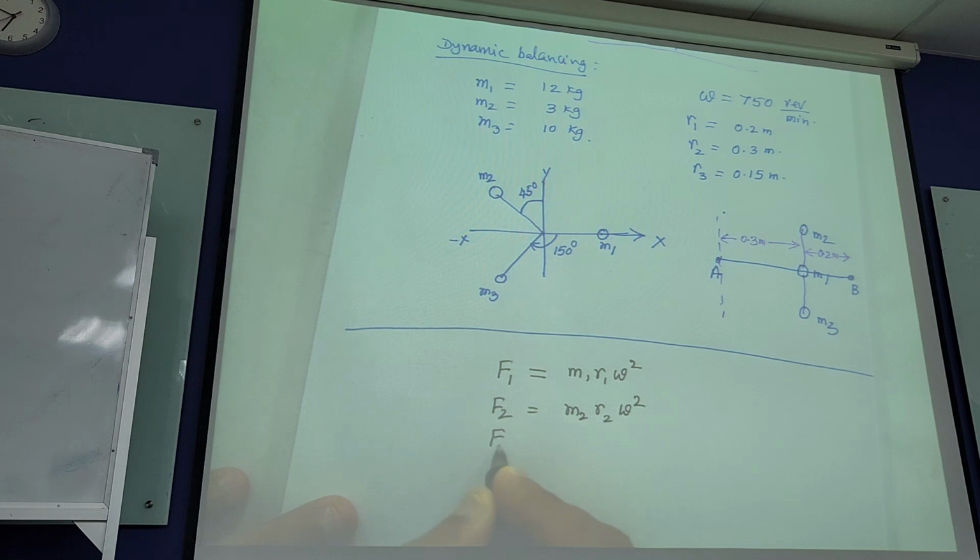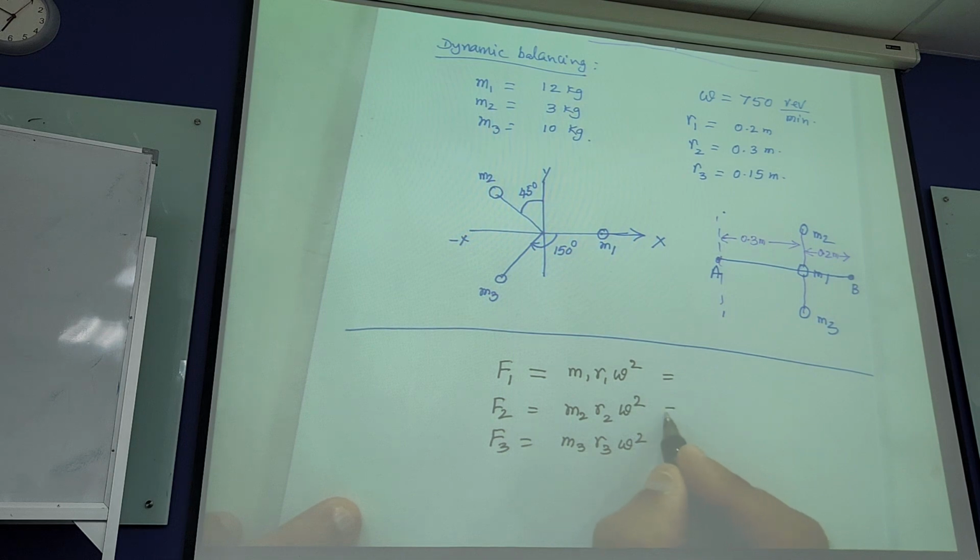F3 is similarly M3, R3, omega square. So omega is given as 750 revolutions per minute. So you need to convert that into radians per second. Then you know F1, R1, so you can calculate F1, F2, F3.